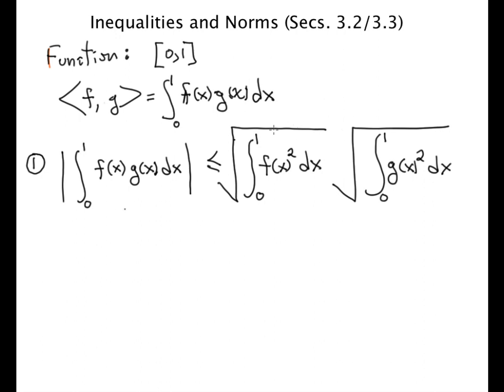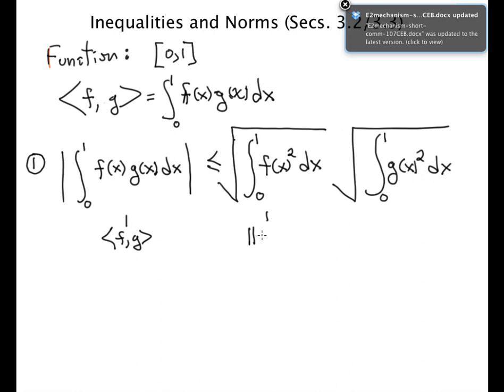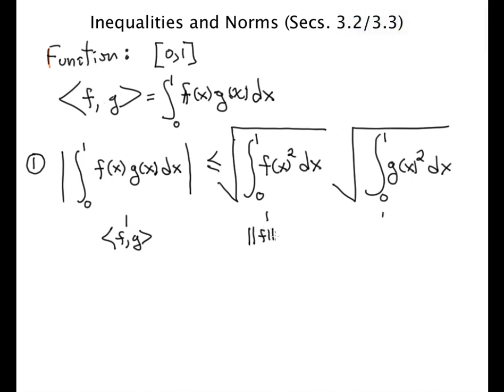Right? Because this is the inner product of f and g, and this is the norm of f, and this is the norm of g. And remember, the norm has a square root in it. It's the square root of the inner product of f and f.